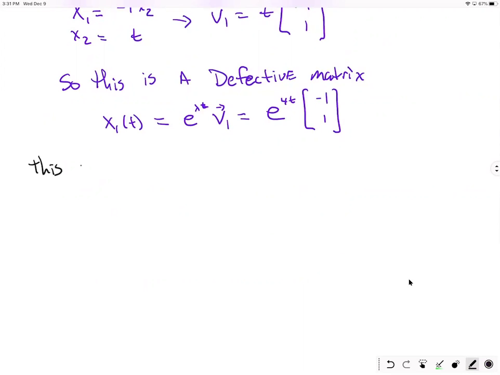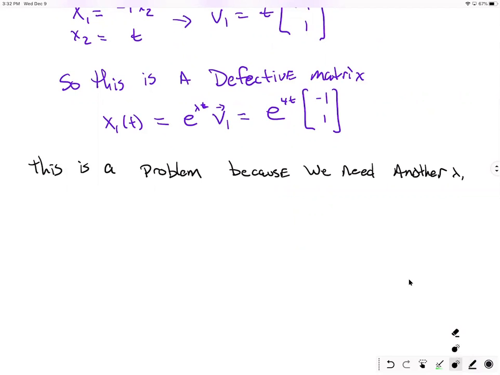So this is a problem because we need another V for lambda 1. That is what we really need.